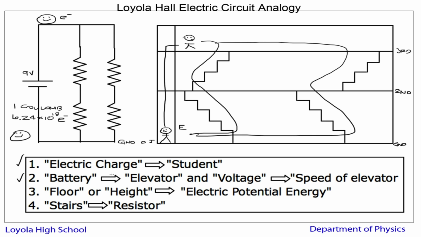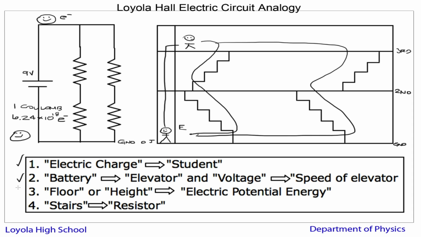So that's number 2. In our building, the floors, or the height, is the electric potential energy. As students go up, they gain energy. It's actually gravitational potential energy because it's against the pull of gravity. Here, it's electric potential. These charges gain energy by going through the battery, just as an elevator gives students energy.